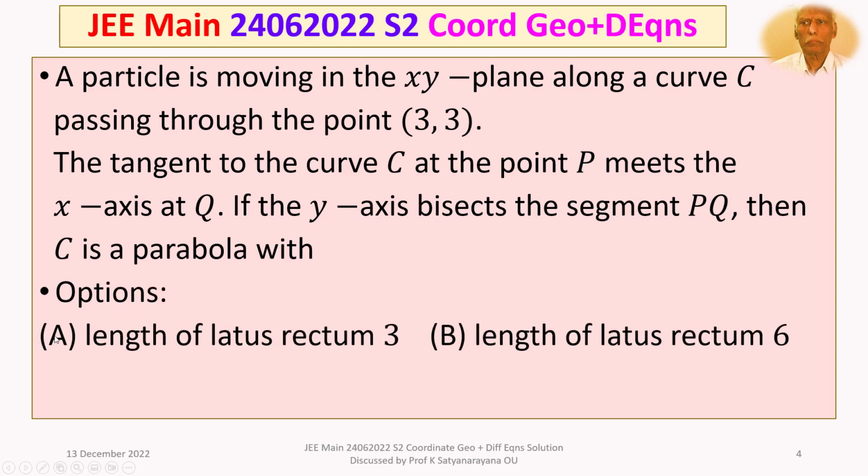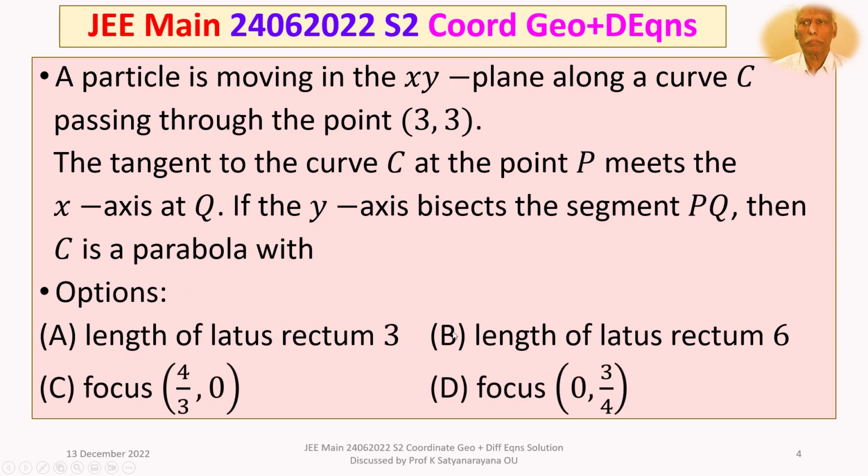Option A, a parabola of latus rectum 3. Option B, a parabola of latus rectum 6. Option C, a parabola with focus (4/3, 0). Option D, a parabola with focus (0, 3/4).